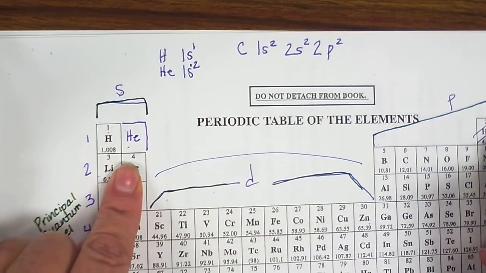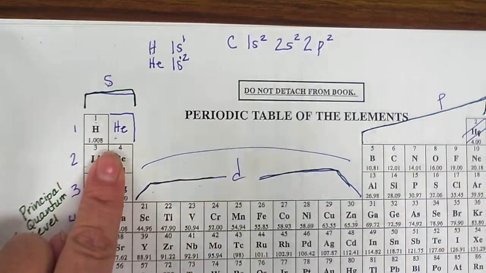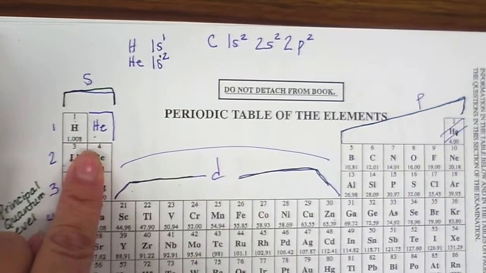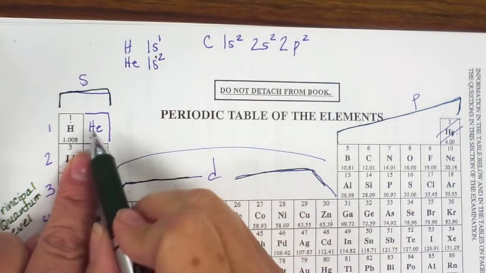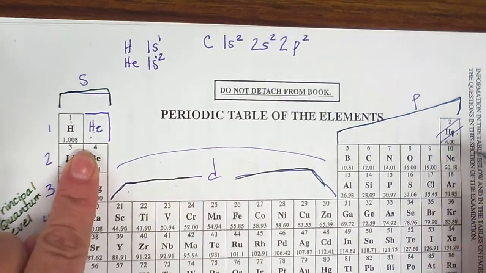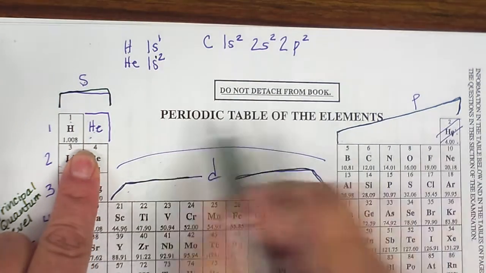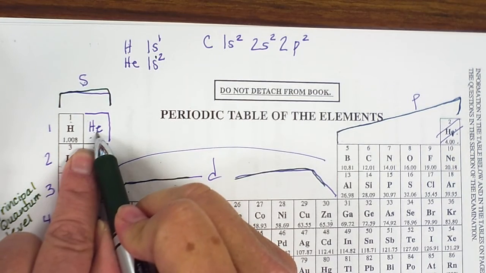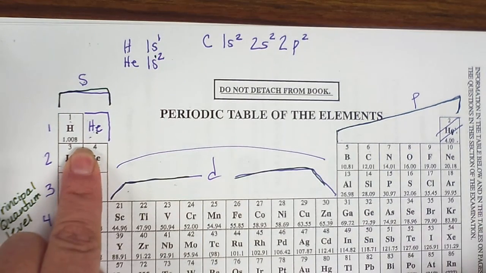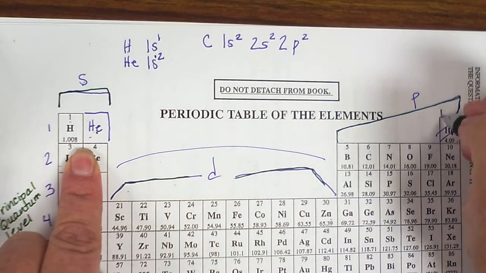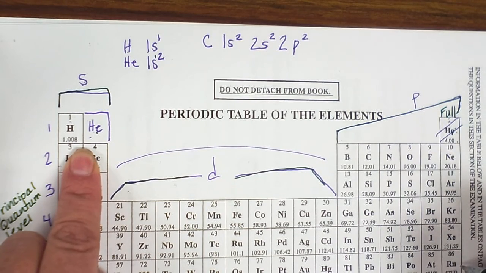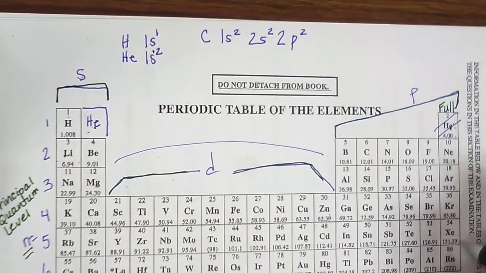Now, we moved helium from here to here. And the reason we did that is because helium is going to put its electrons into the S sublevel. But why is helium over here? The reason is because this column here is the noble gases, and we call them full.